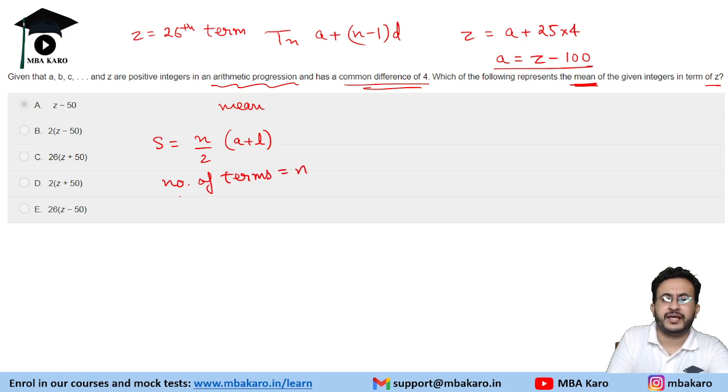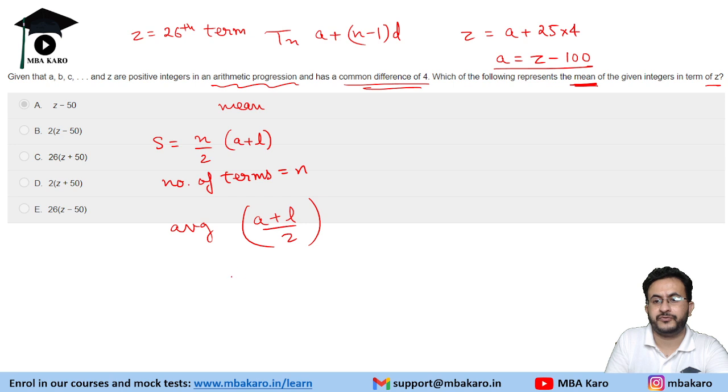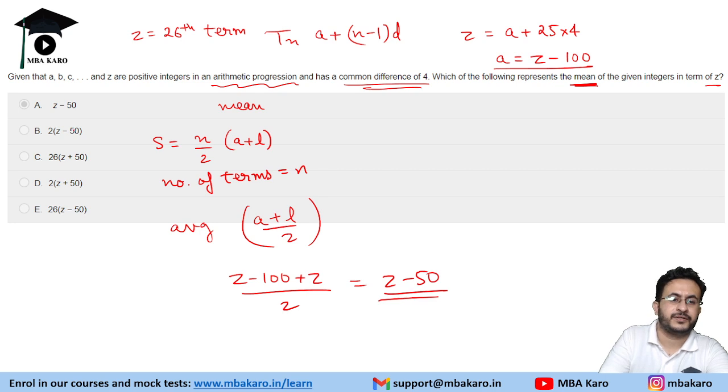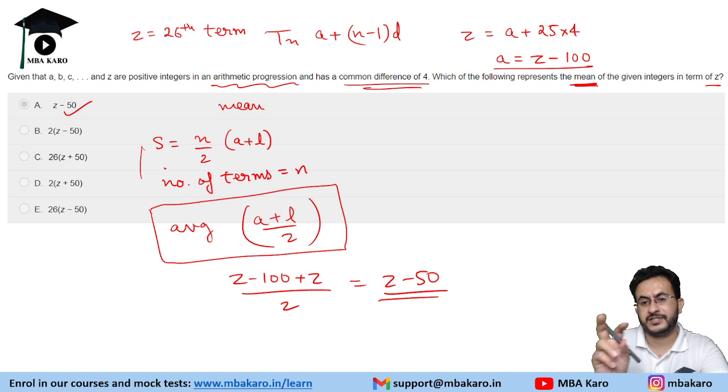Hence the average is equal to a plus l by 2. That is why the mean is the first and last term divided by 2. So the first term is Z minus 100, the last term is Z, divided by 2, we get Z minus 50 as the answer. So no need to remember this formula separately, just remember that the average is the average of the first and last term.